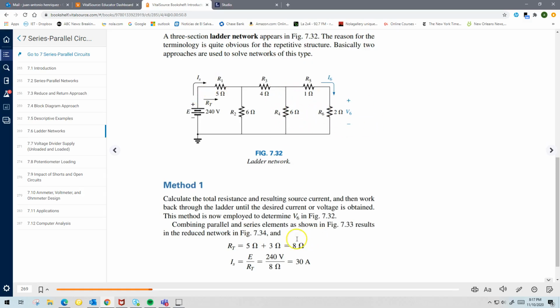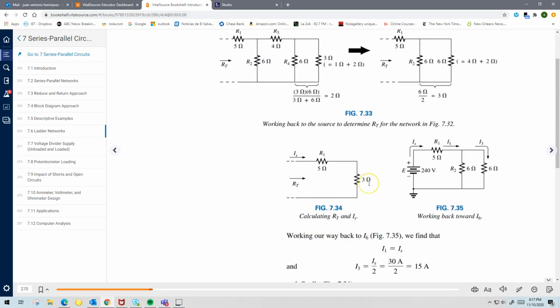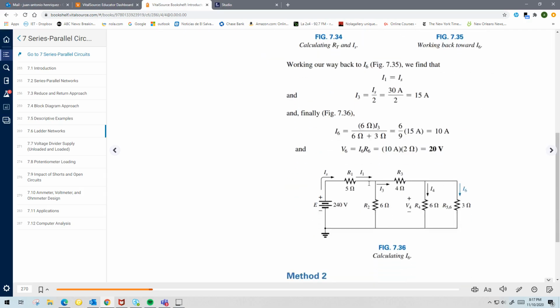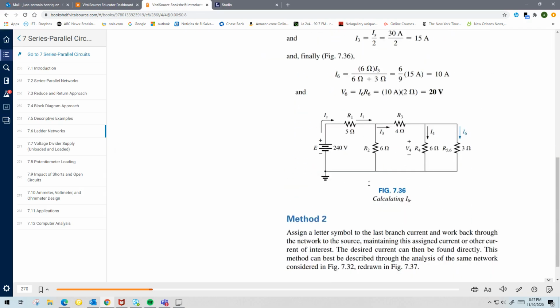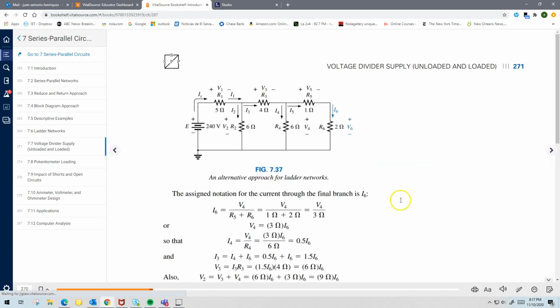And if you know the total resistance, then you know the total current, which will be 240 volts divided by 8 ohms, which gives you a total of 30 amp current. And that's what they've done here. See? So you can do it one step at a time, but practice. Try to do it with just that approach.